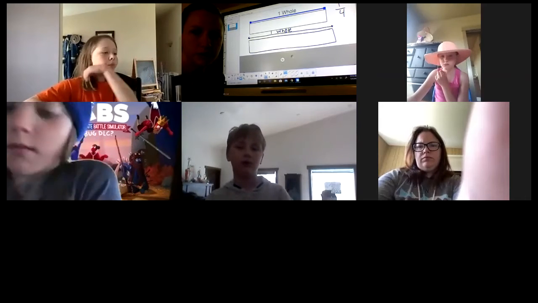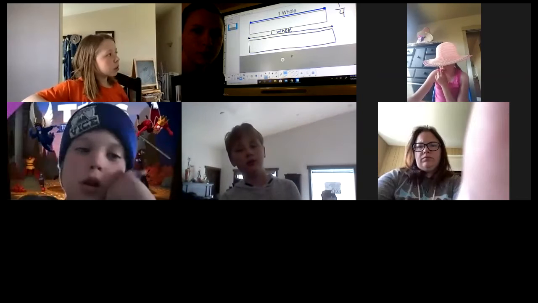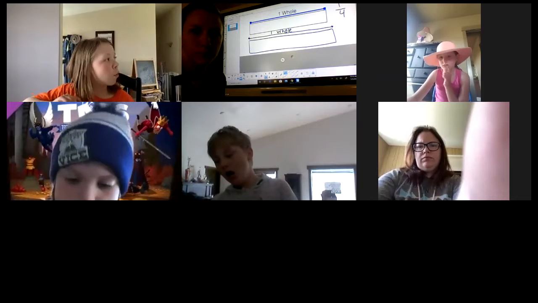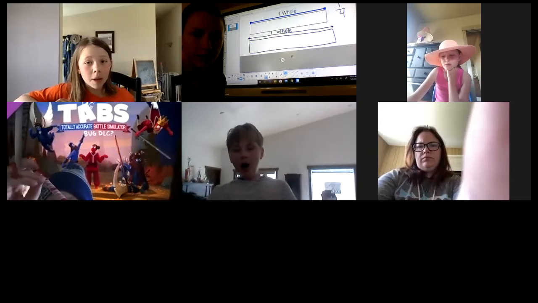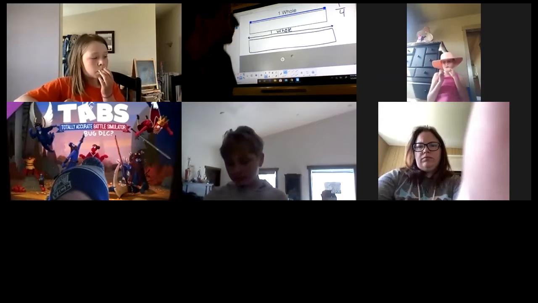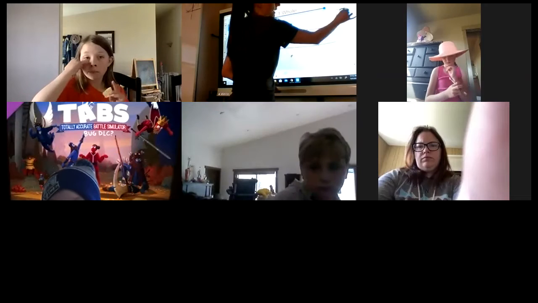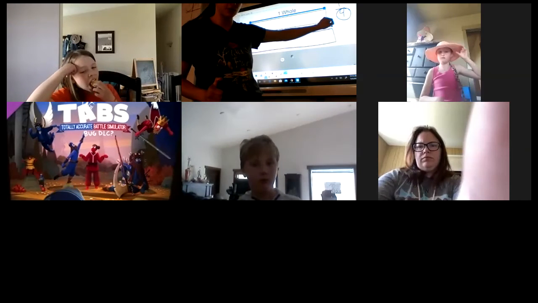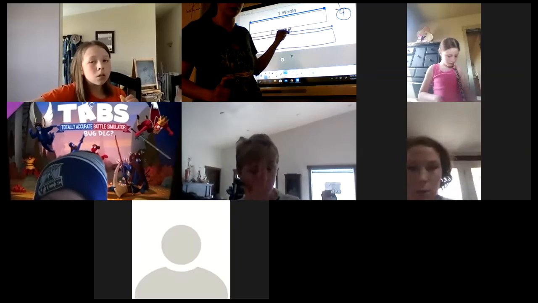What do we need to do to this bar to represent 1/4? We divide it into 4. Very good. We divide it into 4 equal parts. Remember, this bottom number, our denominator, is going to tell me how many pieces we're going to divide our fraction bar into.